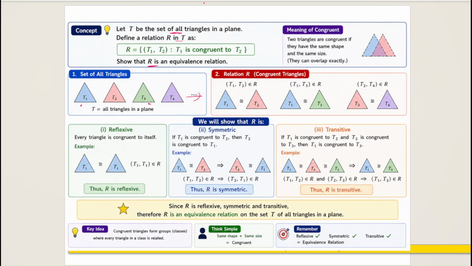Now the relation means any two triangles have been selected, but the condition is that T1 is congruent to T2. That means two triangles are congruent to each other. In simple language, congruent means they can overlap each other. Triangles of the same shape and size can overlap each other, and such triangles are known as congruent triangles, right?